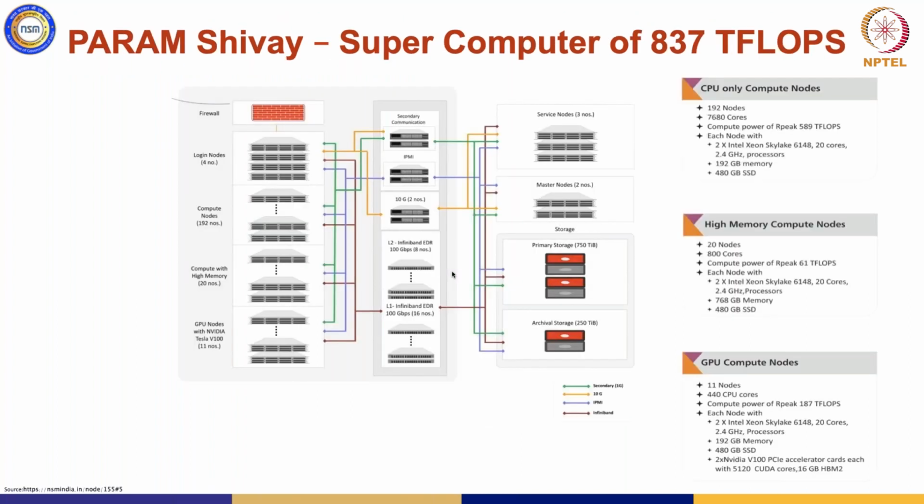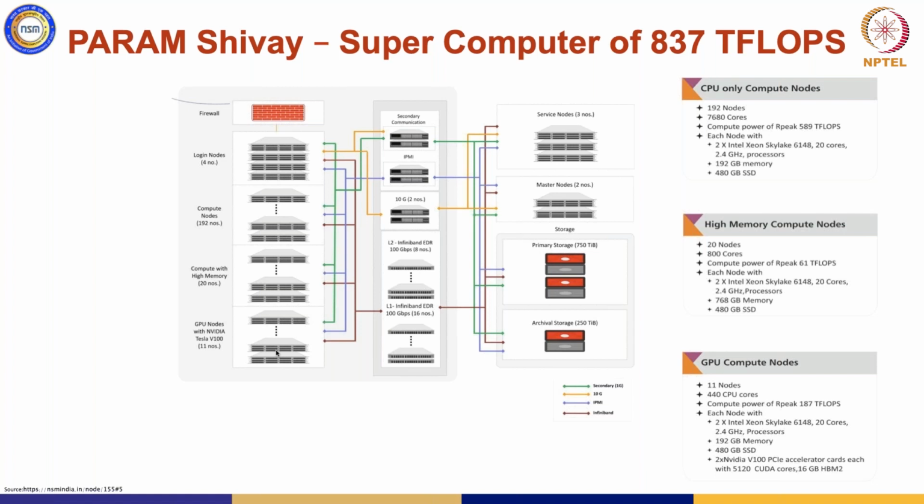Okay, so this is the PARAM Shivay cluster at IIT Varanasi. This gives you about 837 teraflops. If you see the configuration of this system, you have about 4 login nodes, 192 compute nodes, and then GPU nodes with NVIDIA Tesla V100, the same V100 which I showed you on the DGX.